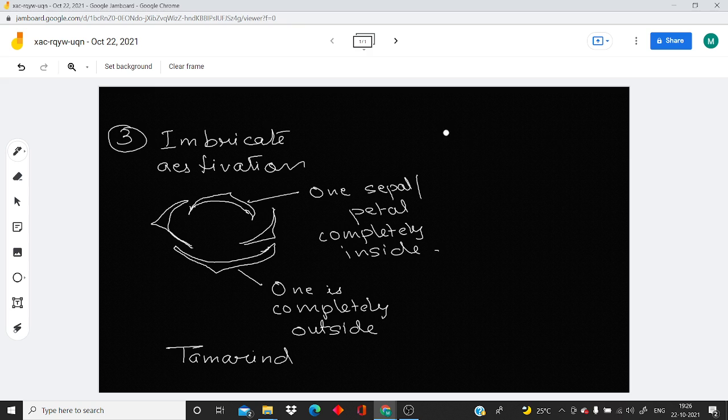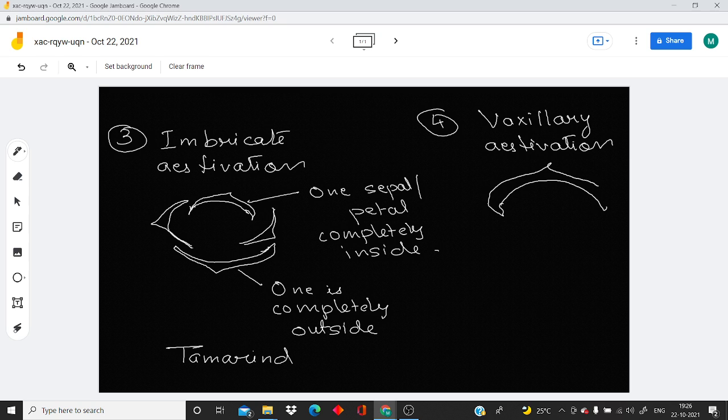Then there is this fourth one, which is called vexillary estivation. In this kind of estivation, we will see that one petal will be very big and it will be almost covering the others. It will be very big and prominent, and the others will be a little smaller than this one.